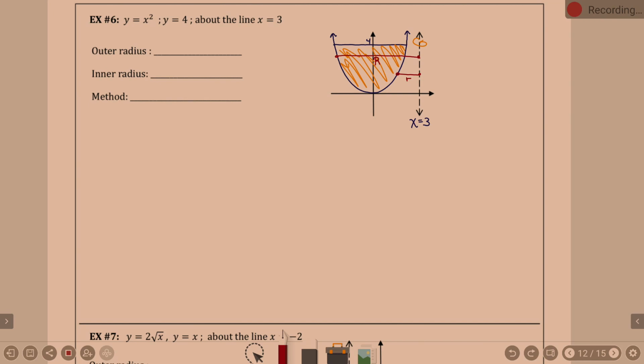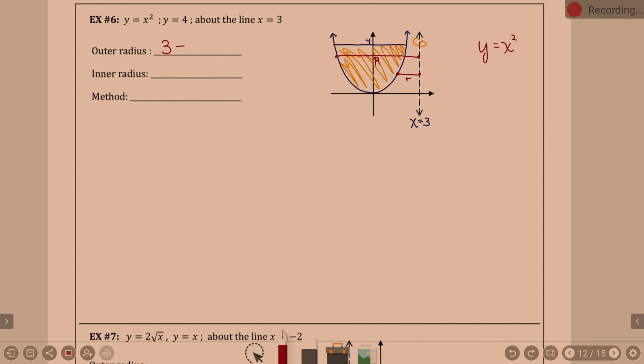Okay, with this all in mind, thoughts? Outer or big R? 3 minus... So 3 minus vertical axis. What do we need to be in terms of? Y. What did they give me? Well, they gave me y equals x squared because that's the easiest way to picture the graph.